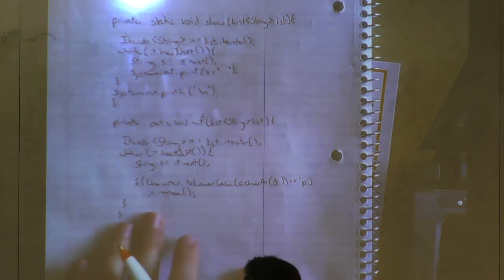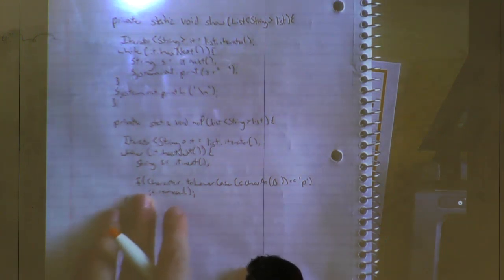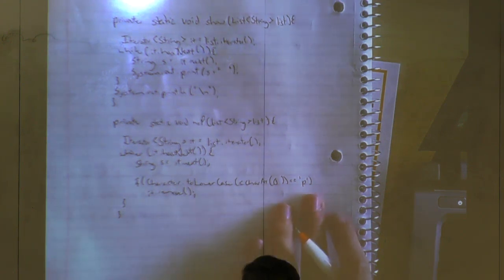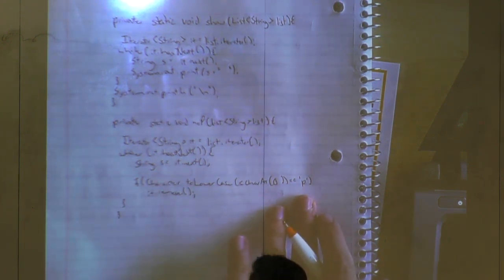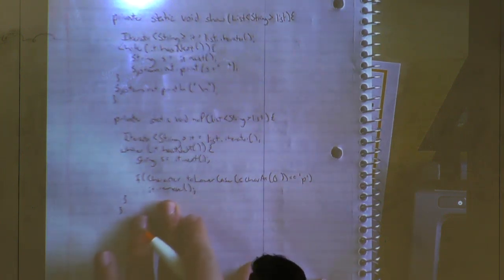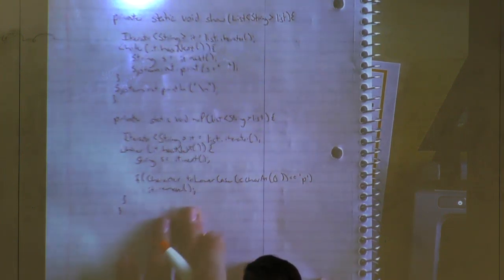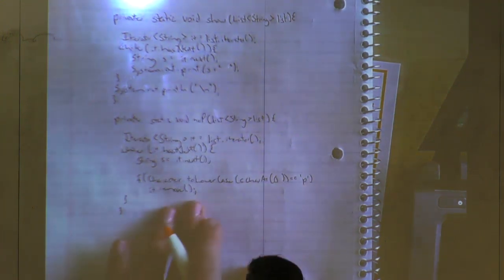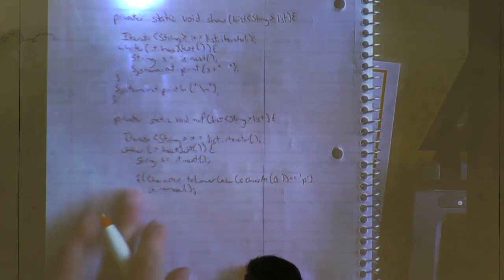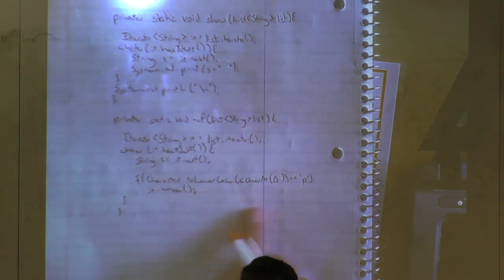And then here it says, if the first character of string s is the letter p, then remove it from the list, right? Because Iterator has the ability both to walk through the collection and also remove items from the collection.